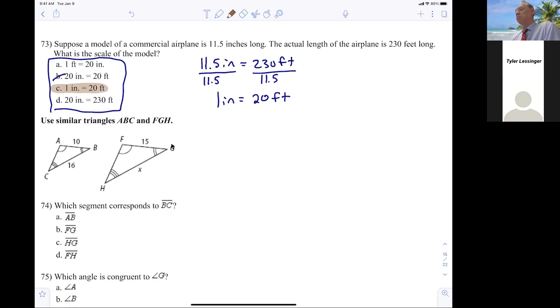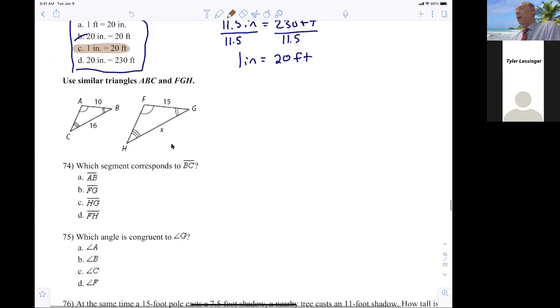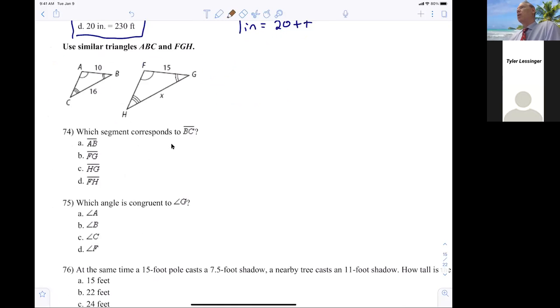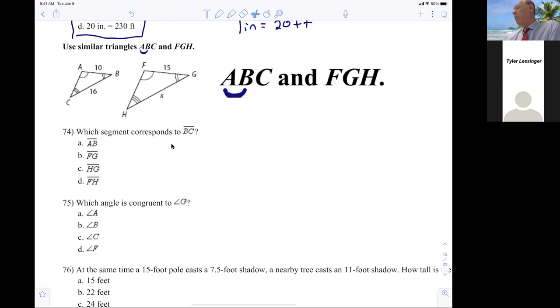Everybody good? All right. Now remember, triangles that are similar have the same angle measure. Their sides are proportional. So now just to review, I want to blow this up so everybody can see it. So AB corresponds to what? FG. That's correct.